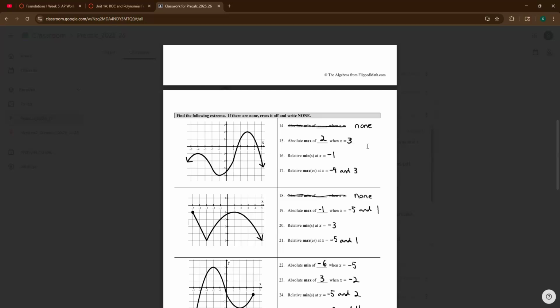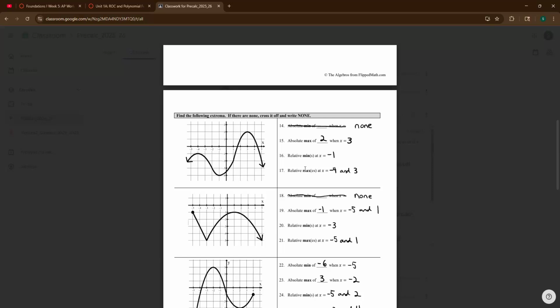Okay, but there is a relative minimum. Relative minimum here is minus 5. Do you see? Relative minimum is minus 4? Oh, the first graph you're saying, okay. Relative minimum occurs at x equals -1.